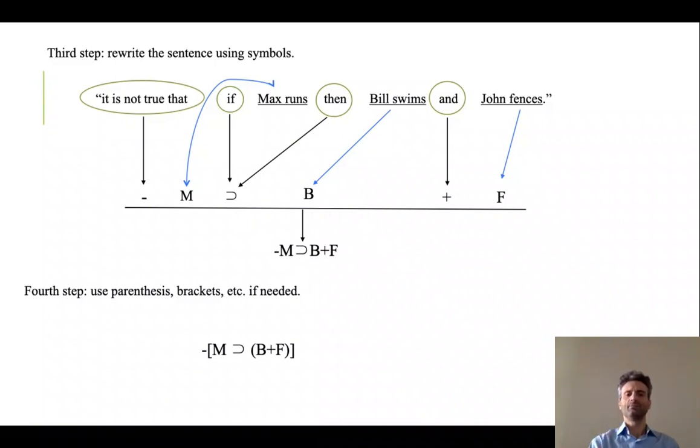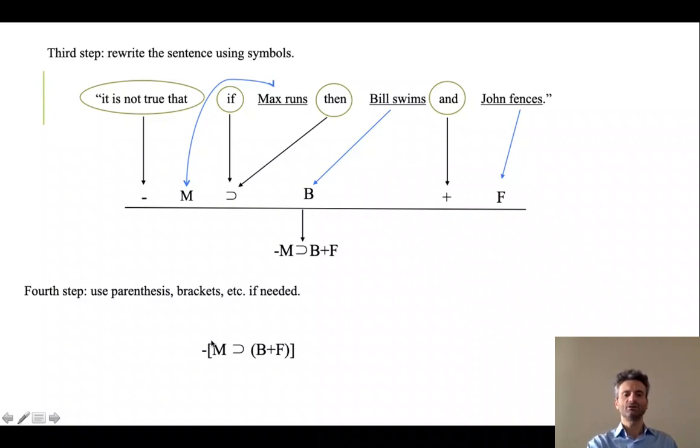But at the same time, I want to separate him because the conjunction B plus F is the consequent of a conditional statement whose antecedent is M. So we have M, if then, B plus F.